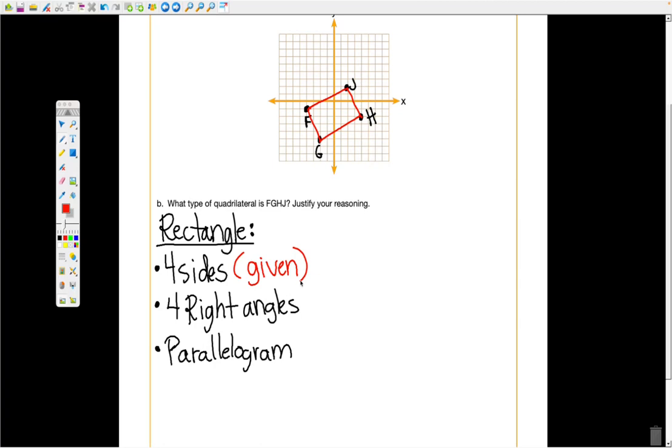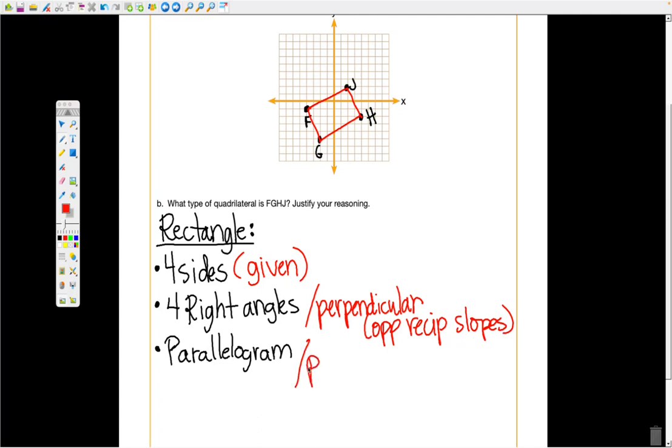To prove that they're right angles, you have to prove that you have perpendicular lines. And to prove that you have perpendicular lines, you are looking for opposite reciprocal slopes. I'm going to abbreviate some of this here, and I'll move out the way so you can see. To prove that you have a parallelogram, we have to have parallel lines, and to have parallel lines, they have to be equal slopes.